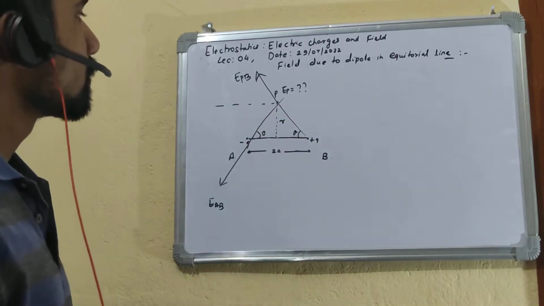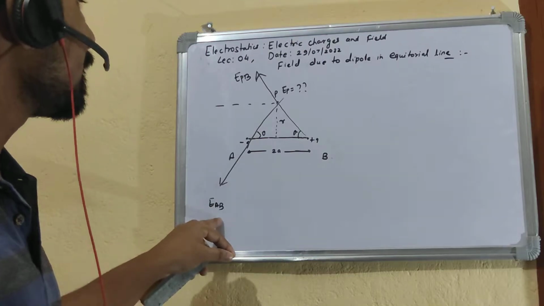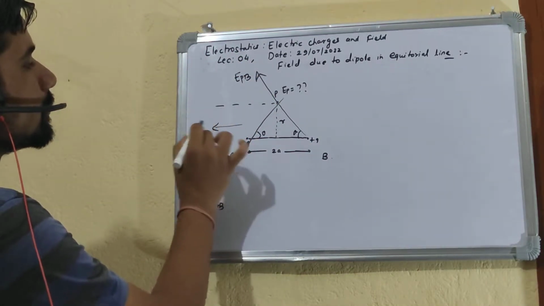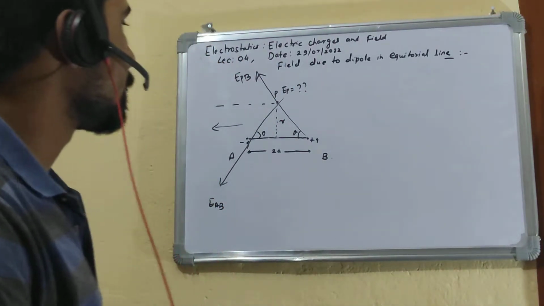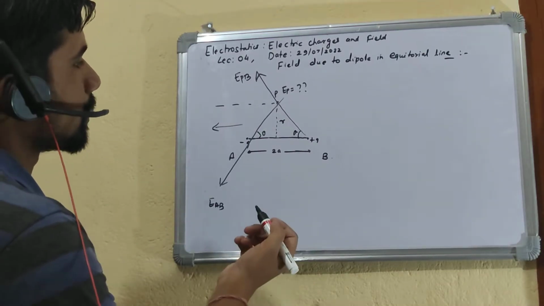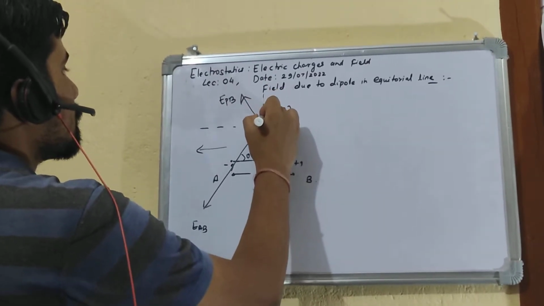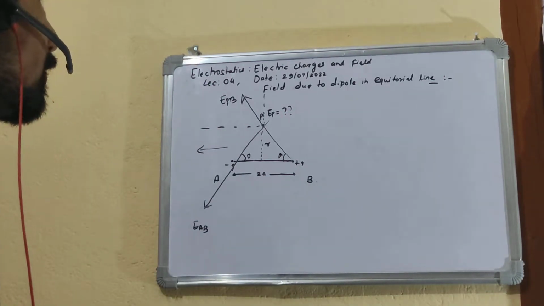Now you can see that there are two fields acting here, one is EPA, one is EPB, and we need to calculate the resultant field, which should be in this direction, as you can say using the vector law. You can see that one component of these fields will always cancel.